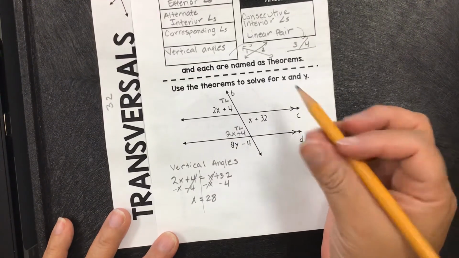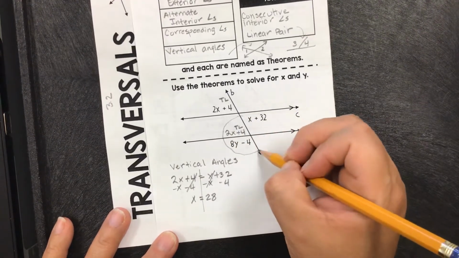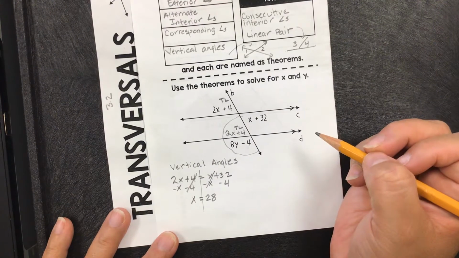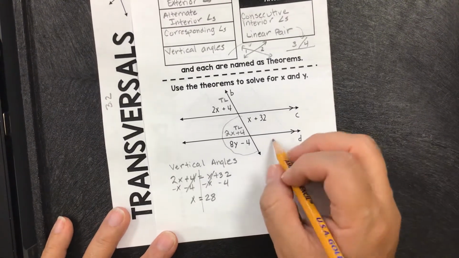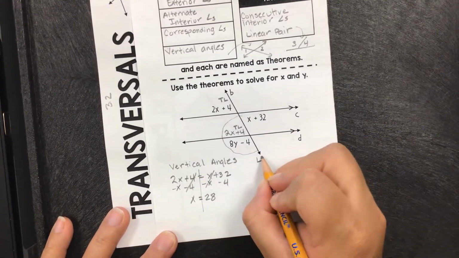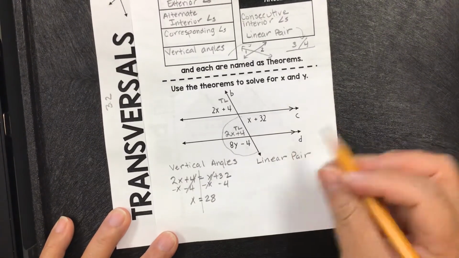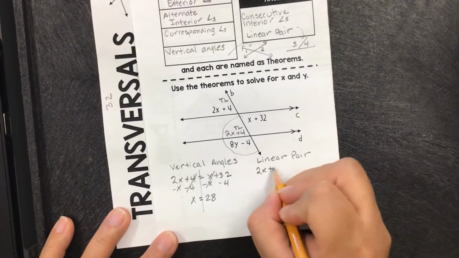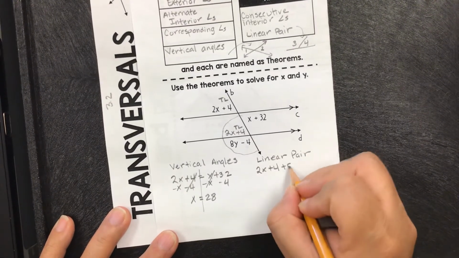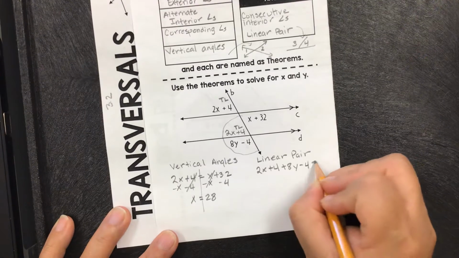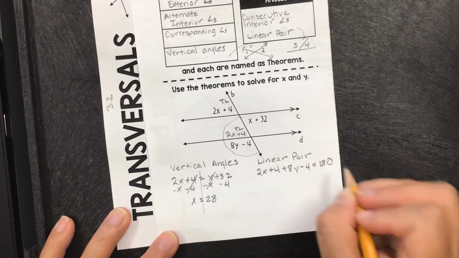Why does that matter? Together, they form a line, and they equal 180. So the rule that we're going to use is linear pair. That means that 2x plus 4 plus 8y minus 4 is equal to 180.